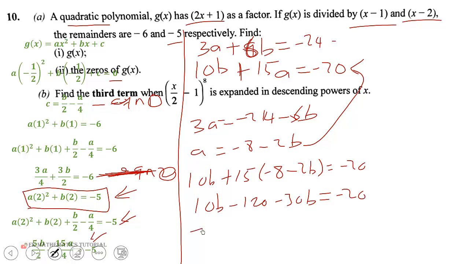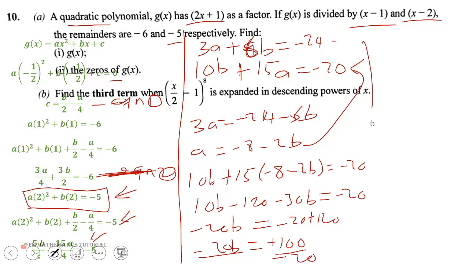So 10b minus 30b will give you negative 20b. Then we get negative 20 plus 120. So negative 20b is equal to negative 100, dividing both sides by negative 20, we get b to be equal to negative 5.